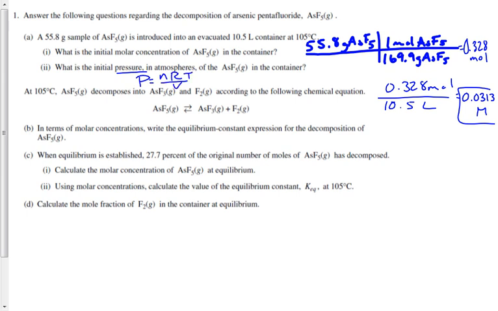I don't want you to feel like I'm lowballing you on this. How many points do you always get for PV equals nRT? 2. 1 for the correct substitutions or setups, and then 1 point for the actual answer.